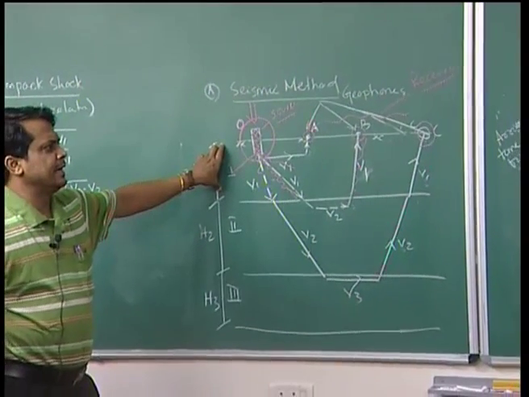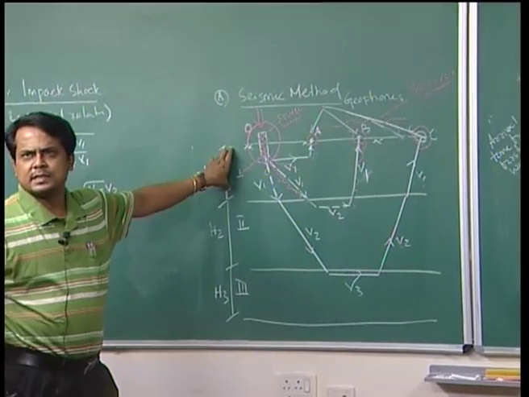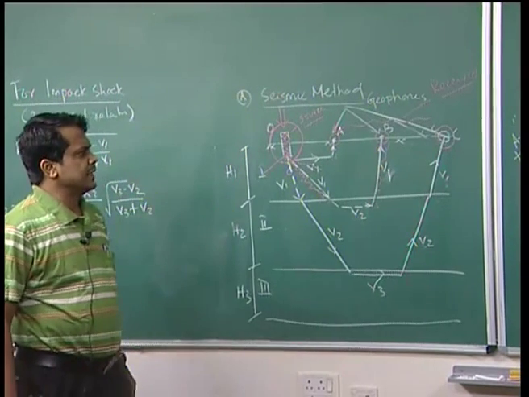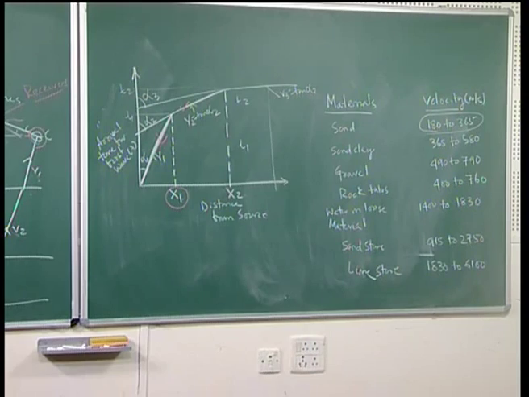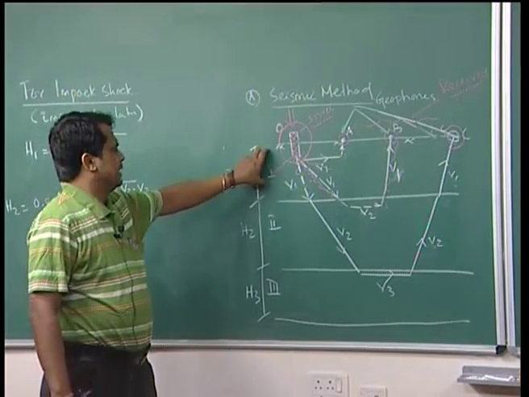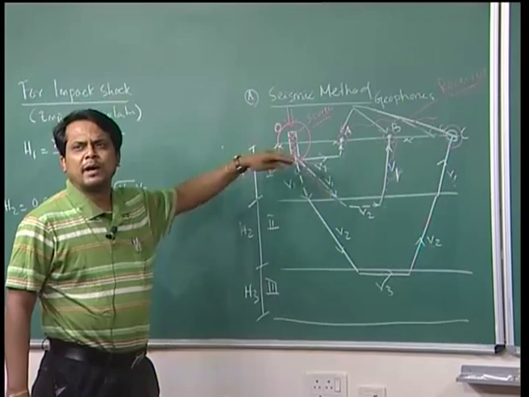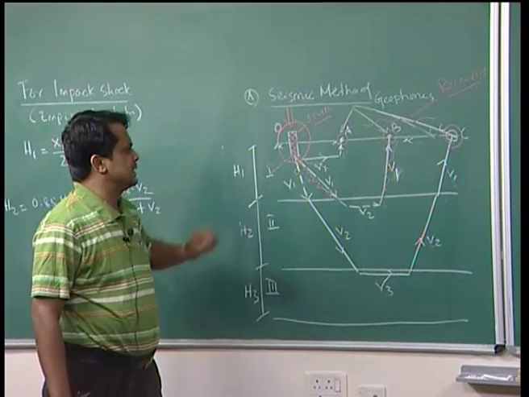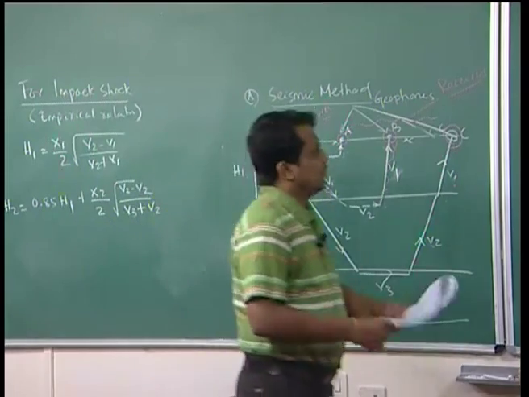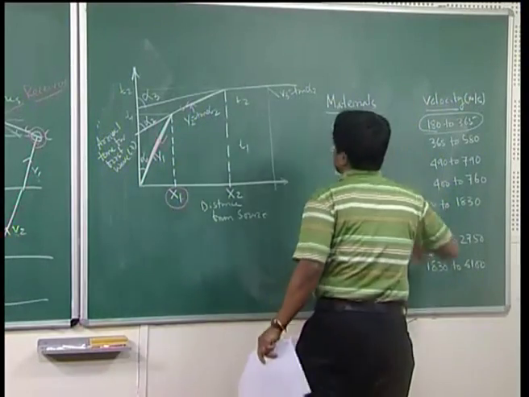If it is 180 to 365, you can say this is a sand layer. Suppose it is 1400 meters per second. In that case, you can say that there is loose sand with water. So this has been standardized with these materials.